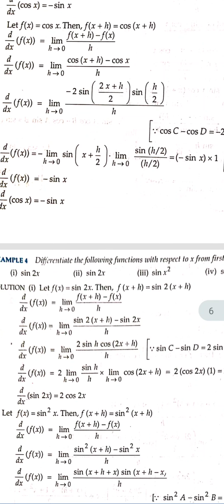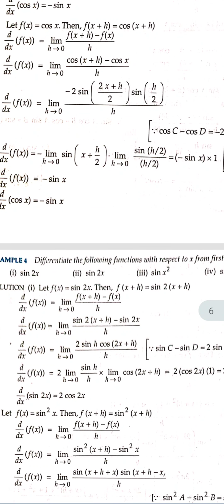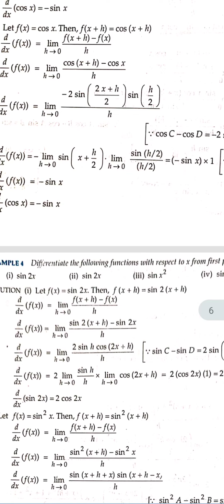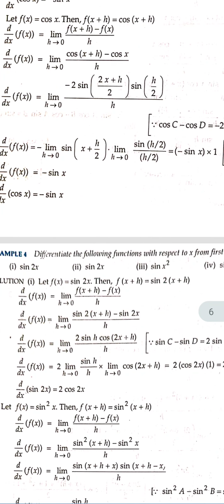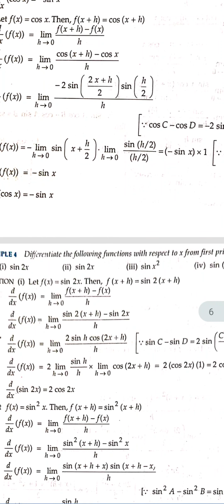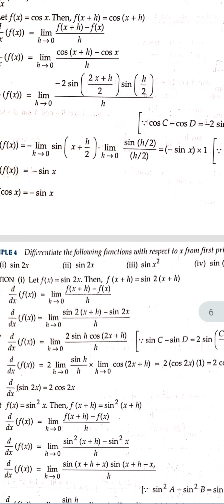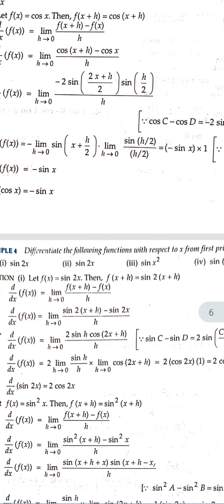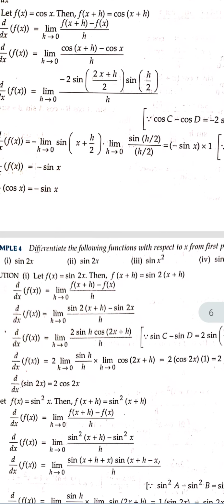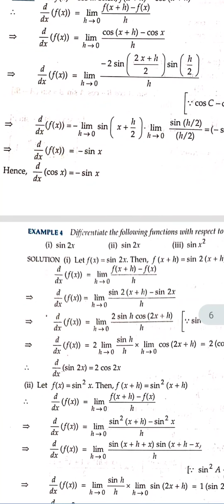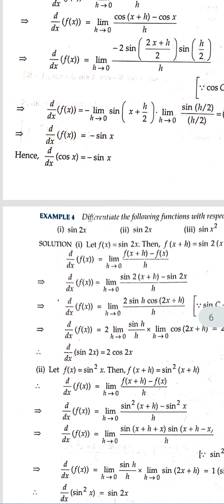We get minus 2 sin ((2x plus h) upon 2) sin (h upon 2) divided by h. The derivative will become minus sin x, since sin (h upon 2) upon (h upon 2) will become 1, and in place of h we put 0, then sin (x plus h upon 2) will become sin x. Negative sign will remain in the function. The derivative of the function is minus sin x.